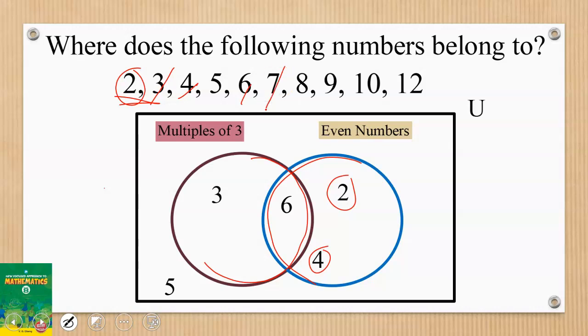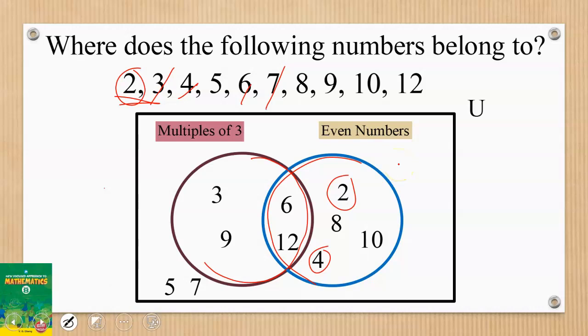What about 7? 7 too is neither a multiple of 3 nor an even number, so we put it outside the circles. What of 8? 8 is only an even number, so it comes here. What about 9? 9 is only a multiple of 3, it's not an even number, so it will go here. 10 is an even number, so it comes here. 12 is a multiple of 3, at the same time it is an even number, so it will go this way.